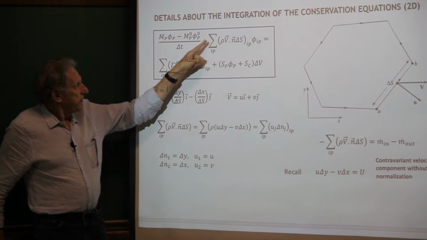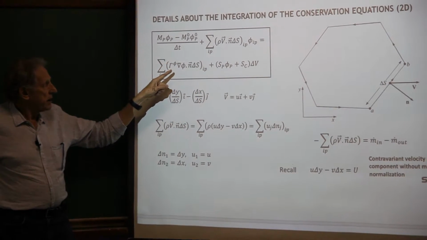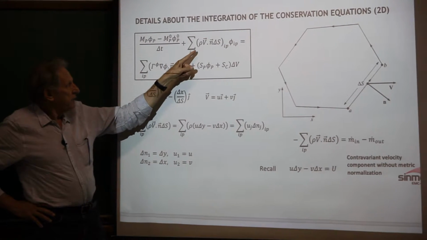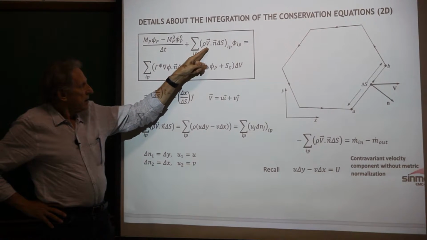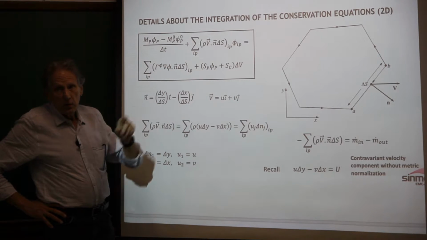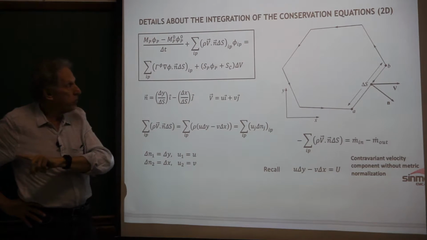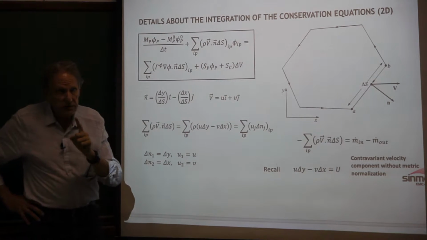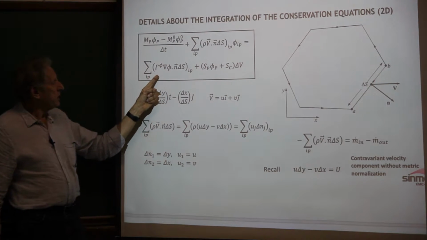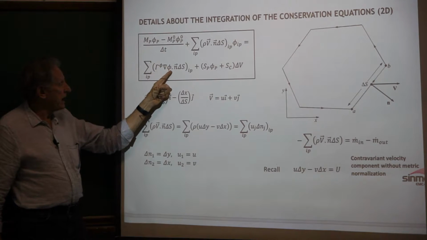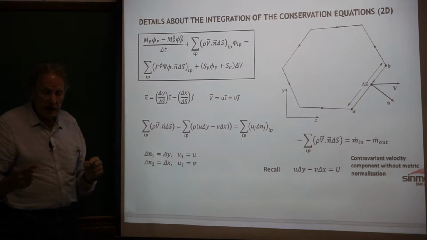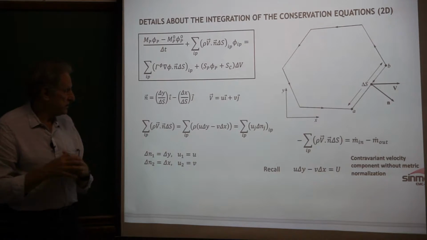And if you reproduce here our equation for phi, we have to calculate mass flow with velocity scalar normal, so advection fluxes. We have to calculate gradient of phi scalar normal, which is diffusive fluxes.